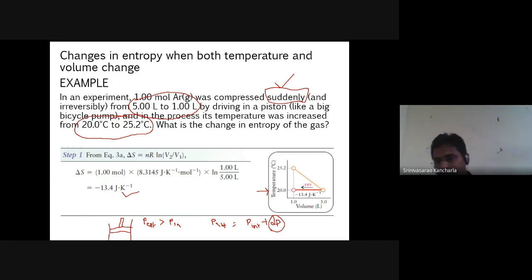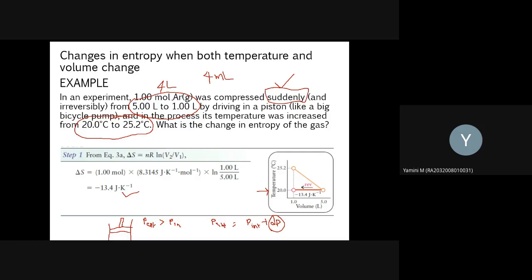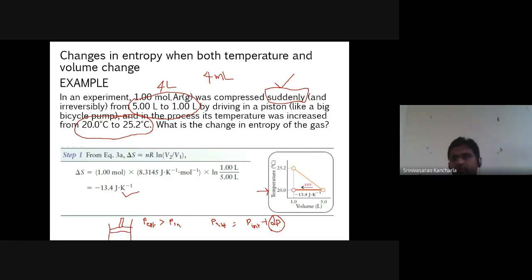Each time, you are only changing the volume by a very small amount, say 4 ml. Clear? So in that case, your mechanical equilibrium is maintained each time and the temperature does not change.